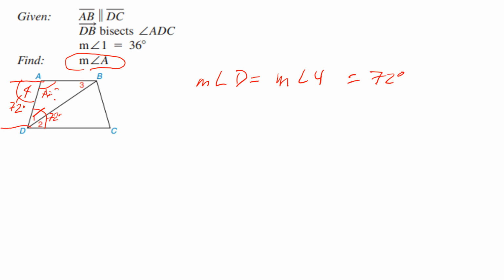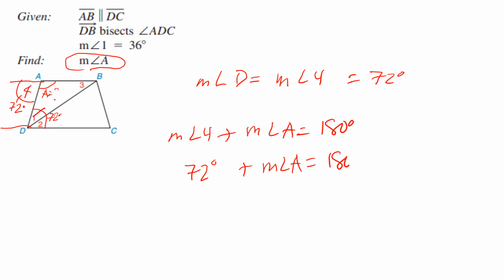With this, we can now get the value of the measurements of angle A, because measurements of angle 4 plus the measurements of angle A is equal to 180 degrees, because they are forming a straight line and they are supplementary. And measurements of angle 4 is equal to 72 degrees plus the measurements of angle A is equal to 180 degrees.